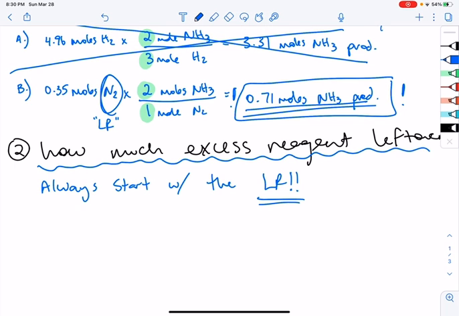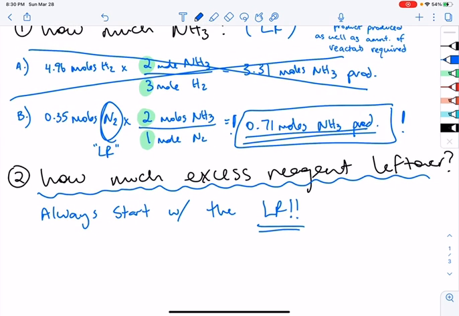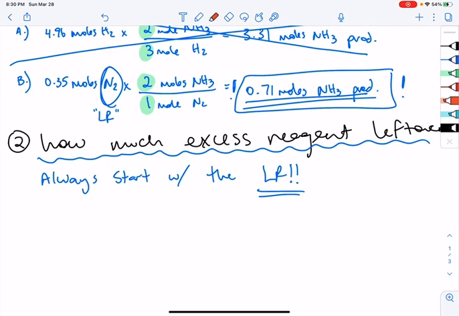It's the thing that tells basically how much everything does, how much reacts and how much is produced. So the limiting reagent we determined is nitrogen. So we have to start with that again. So 0.35 moles of nitrogen.